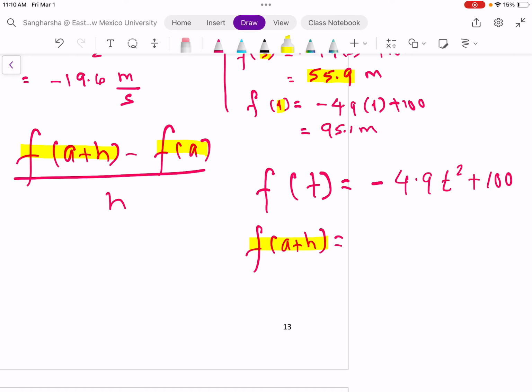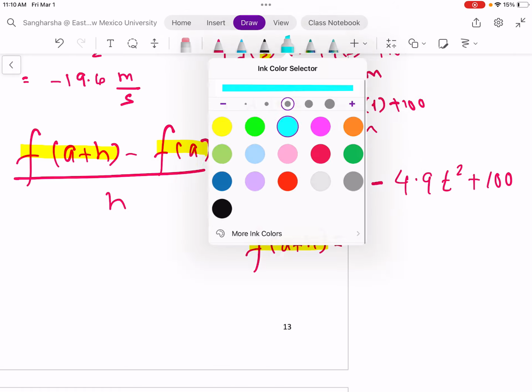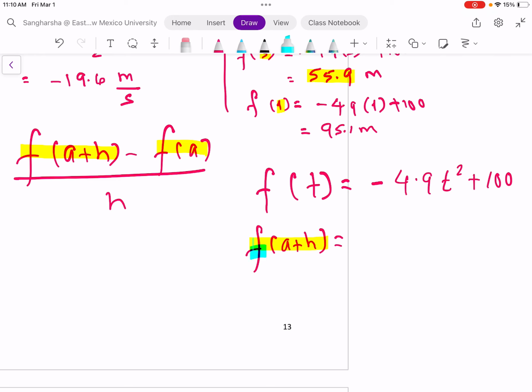If we compare here, we have f as it is. Now for t we have a plus h, right? So what are we going to do? We're going to substitute t equals a plus h. It's the same thing; your input is a plus h, and you are finding the output when your input is a plus h.